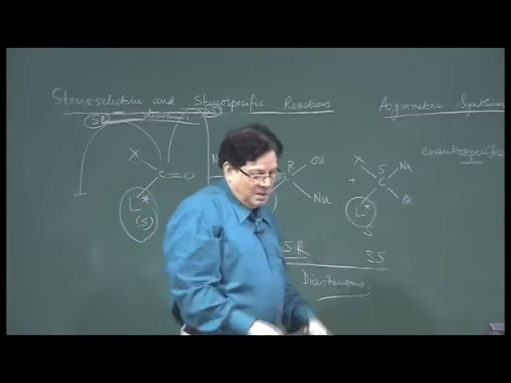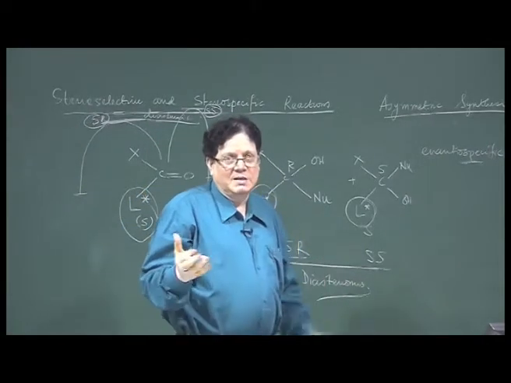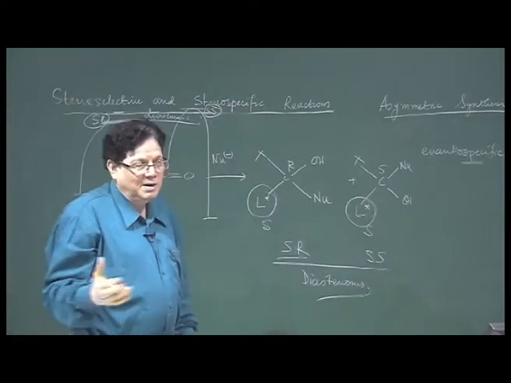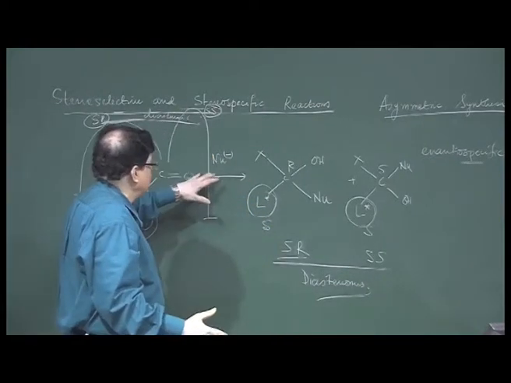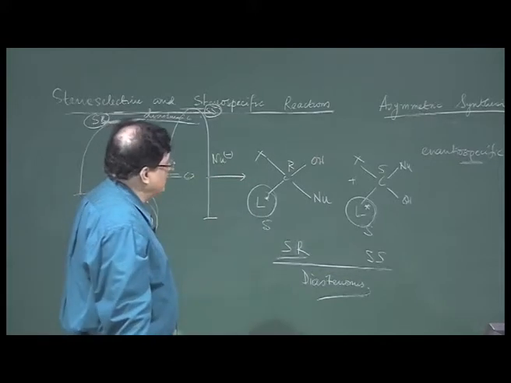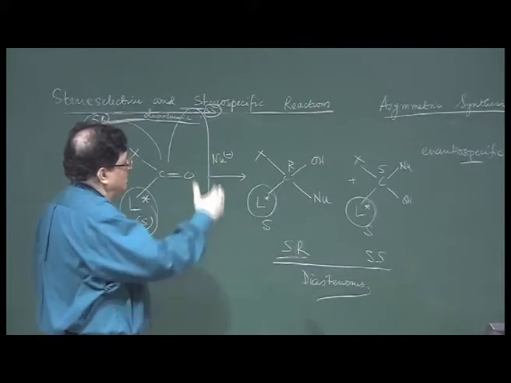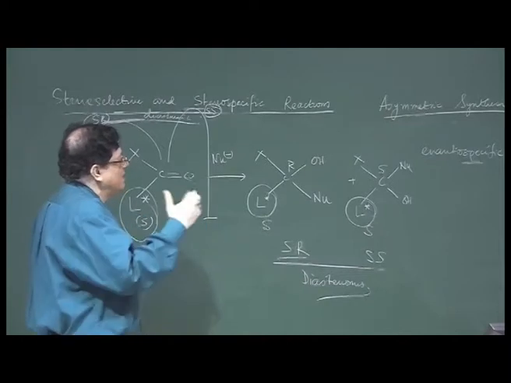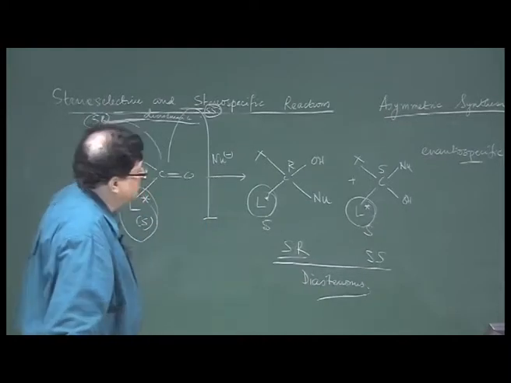So, the principle of asymmetric synthesis, as I told you earlier, is that you have to go through diastereomeric transition states. If you go through that, you will get selectivity, or the asymmetry that you desire.